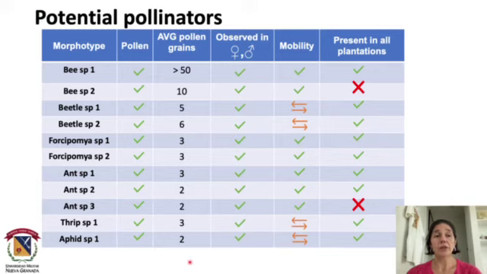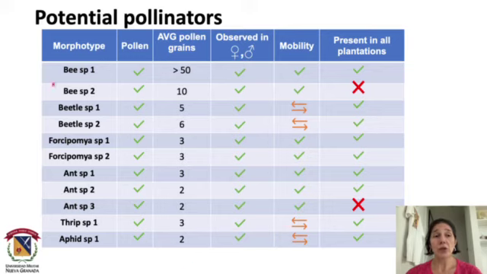So I talked about the 61 species of insects that visit cocoa flowers in the area of study. There are 11 of those species that actually were observed carrying pollen.